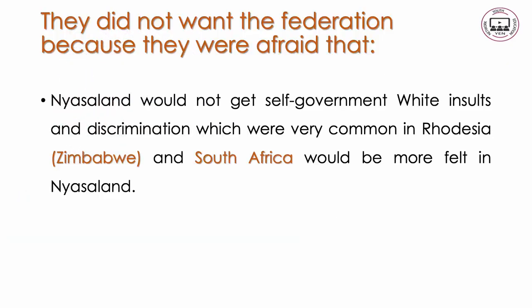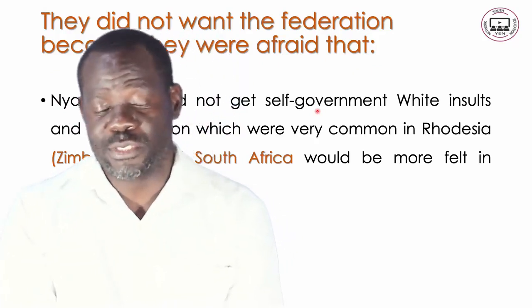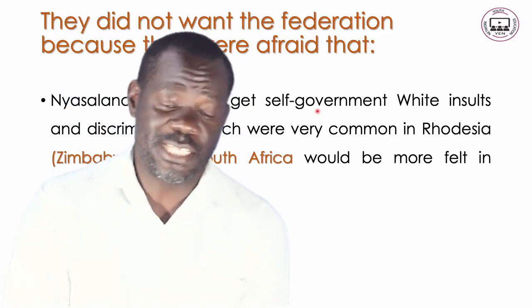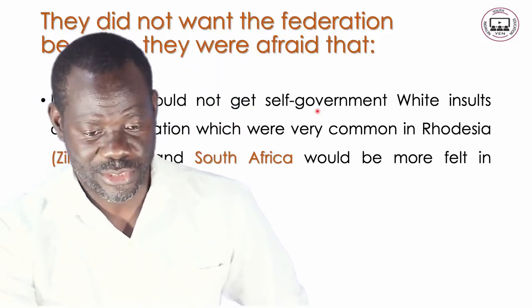Now, these ones did not want the federation because they were afraid. They were afraid because of a number of issues. So they were fighting against this federation. Why were they afraid of the federation?